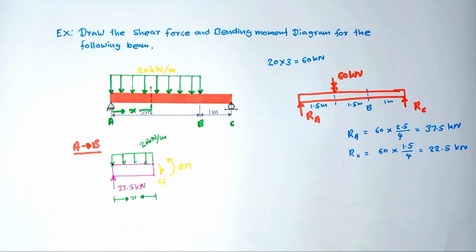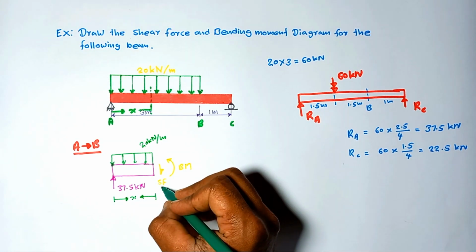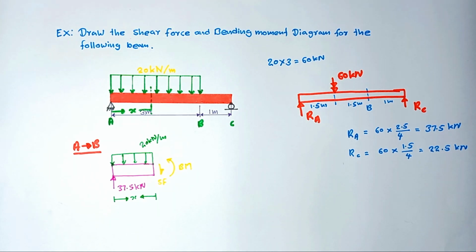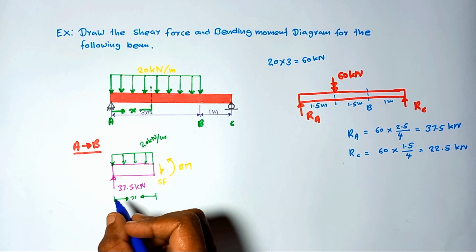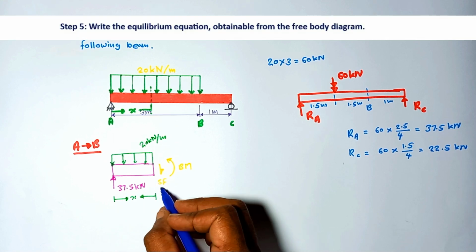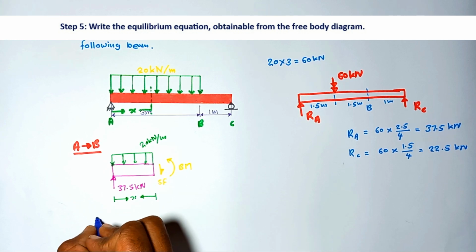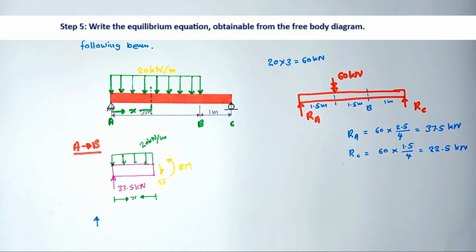These are the unknowns. We are going to find the shear force and bending moment as functions of x. So by writing the equilibrium equations, we are going to find the equations for shear force and bending moment. We are going to consider the vertical force balance of the beam.